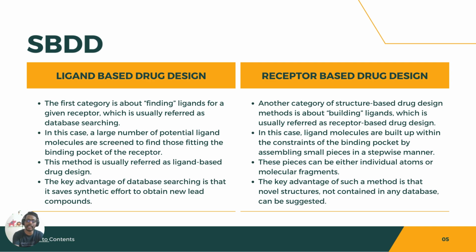The key advantage of such a method is that novel structures not contained in any database can be suggested. Meaning new kinds of structures of receptors and new kinds of structures of ligands were identified and a new database is created. Okay, so this comes under receptor based drug design.